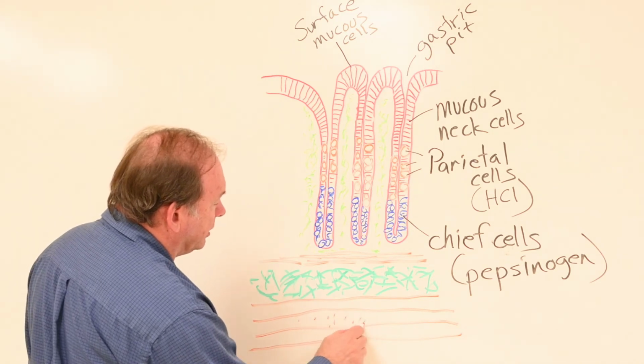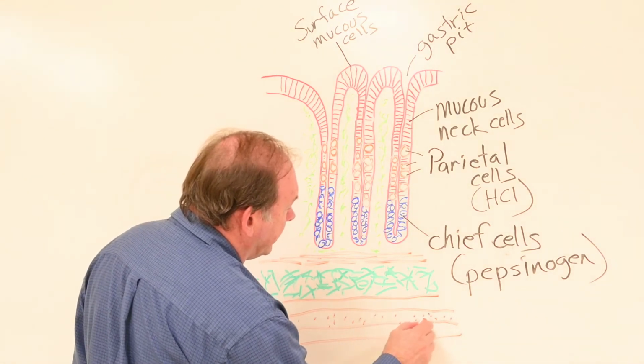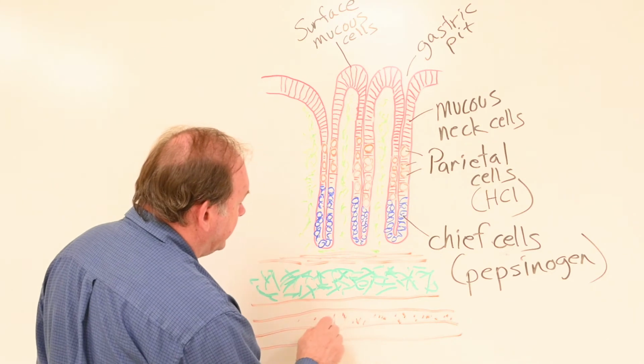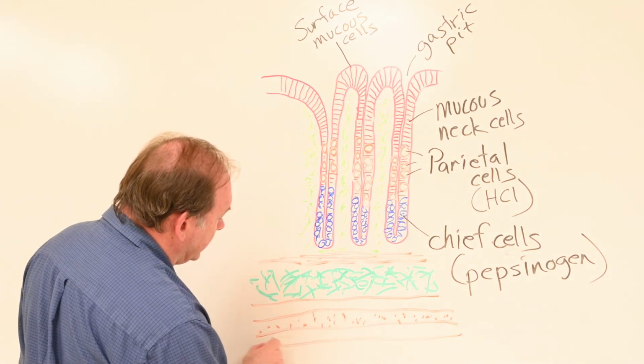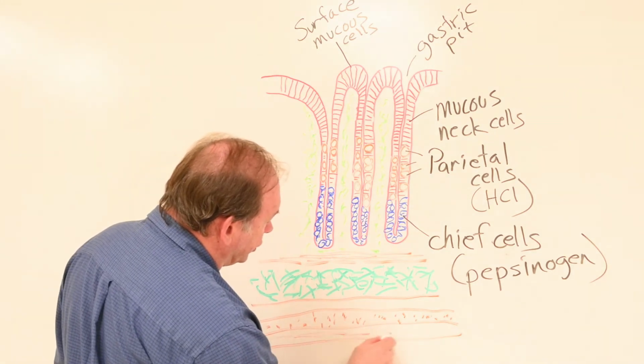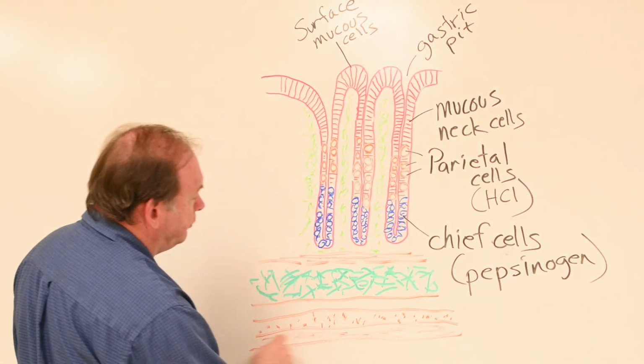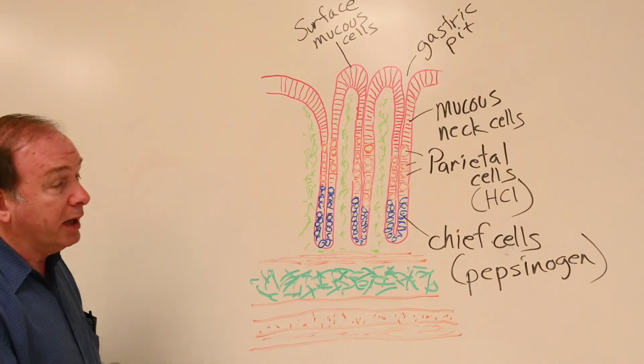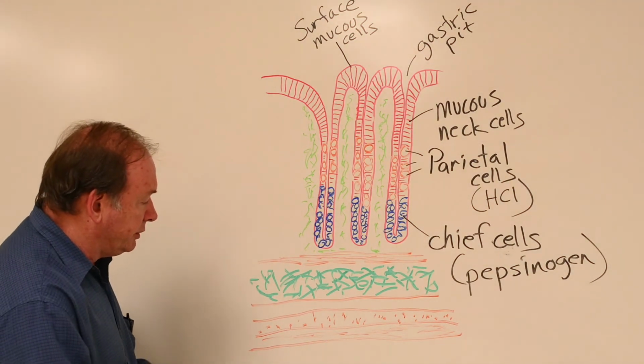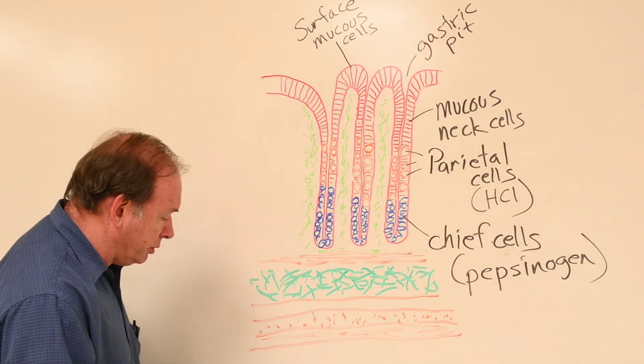I'll go ahead and put dotted lines in the circular layer, and some stripes in the longitudinal layer. That's our muscularis externa, those 3 layers: the oblique, the circular, and the longitudinal.